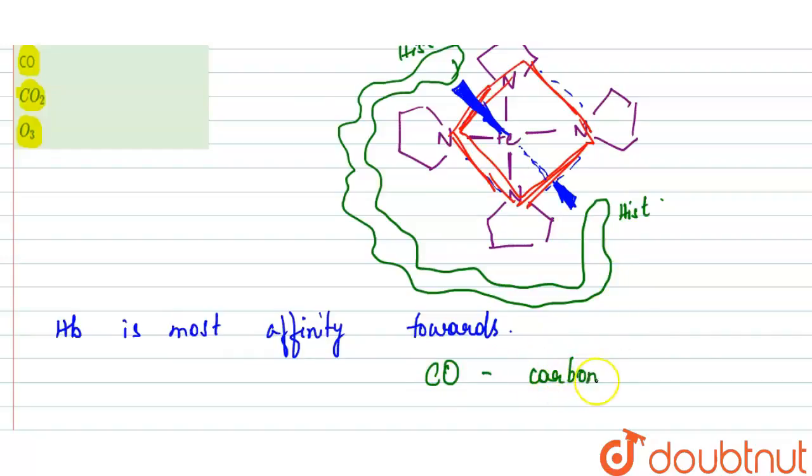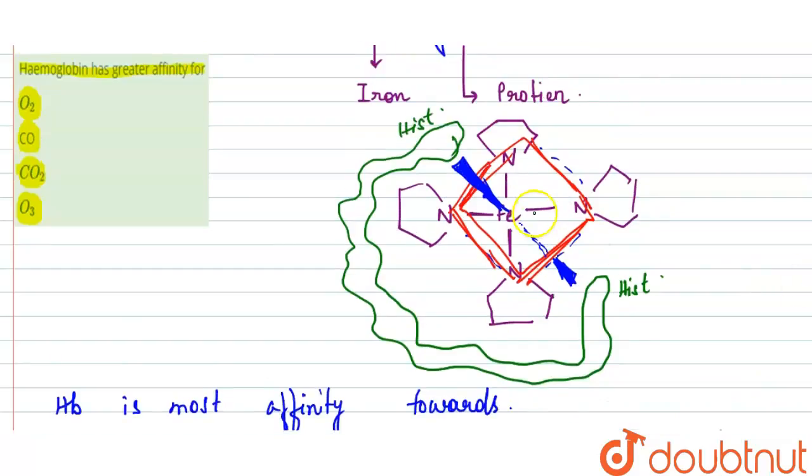Why does it have more affinity towards carbon monoxide? Because carbon monoxide binds with it perpendicularly. If this is the plane of the porphyrin group, then carbon monoxide comes and binds like this with the iron, and here another group is present, bound with the heme group.